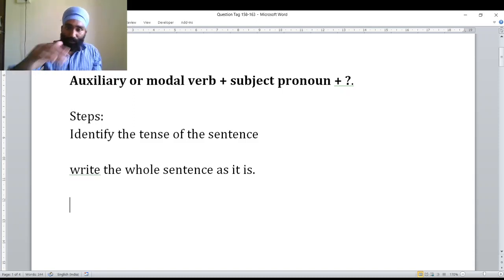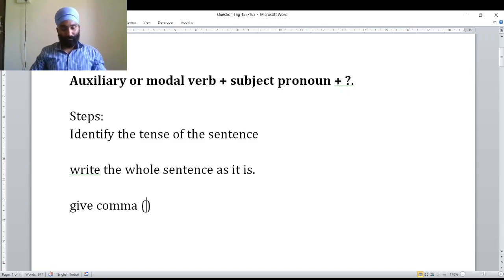After writing the given whole sentence, you remove the full stop and you give comma. You have to give a comma after that given statement.